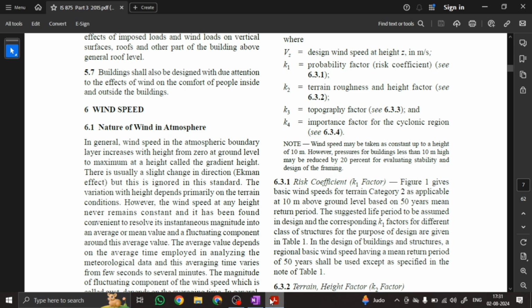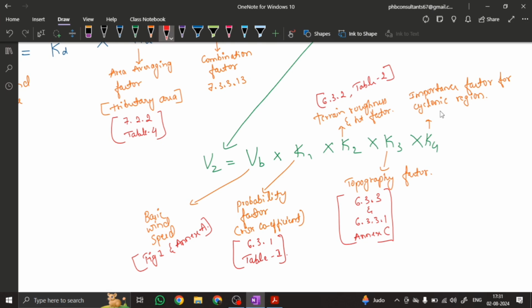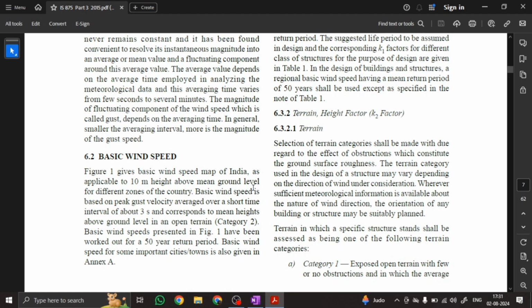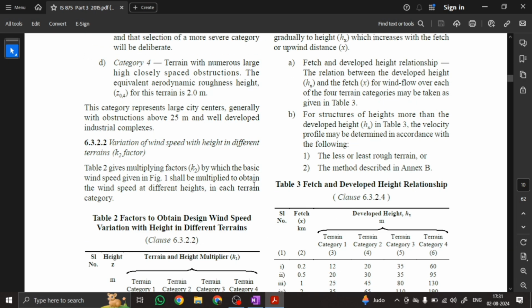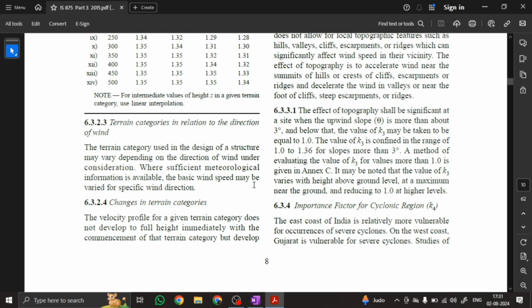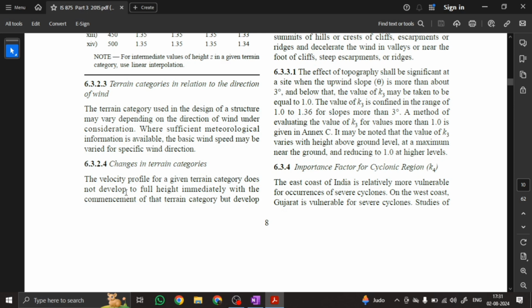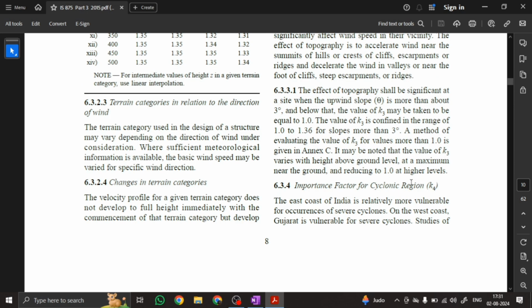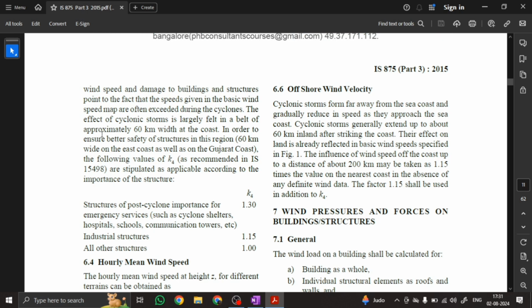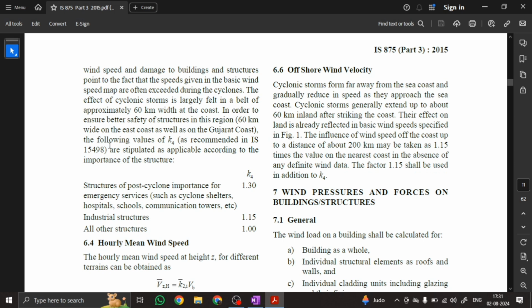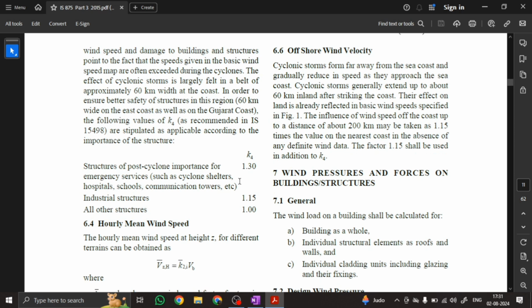Clause 6.3.4. Let's go to 6.3.4. Here it is, importance factor for cyclonic region, 6.3.4, K4. You read this one and use these values for K4. Okay, I will explain for our building how to take this importance factor if our building is in a cyclonic region. I will explain that in the next session.